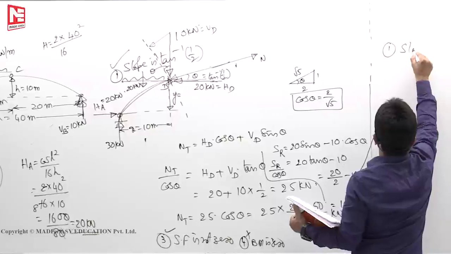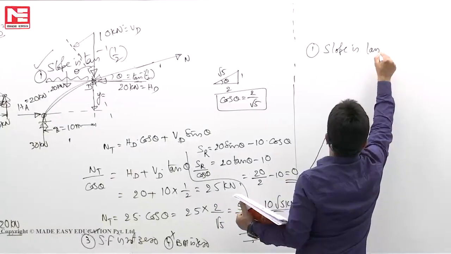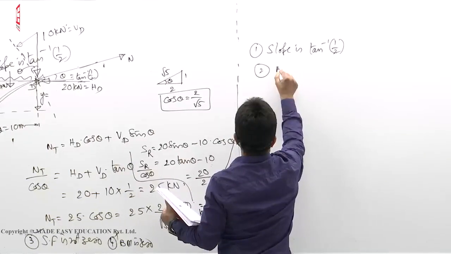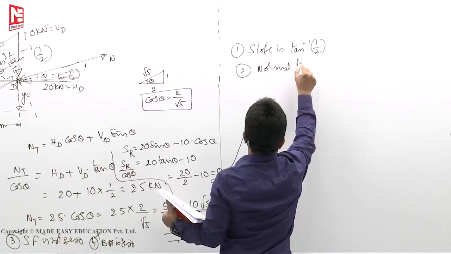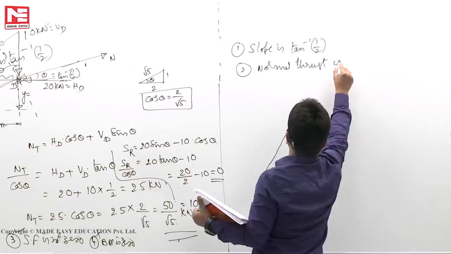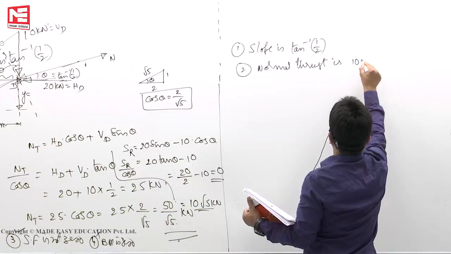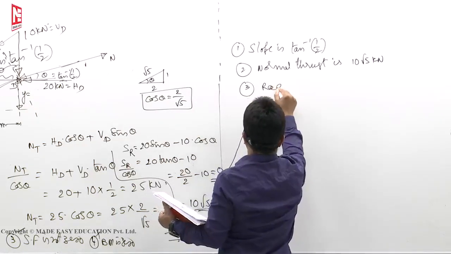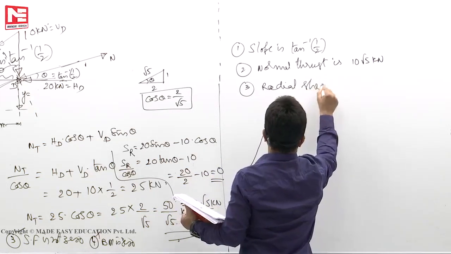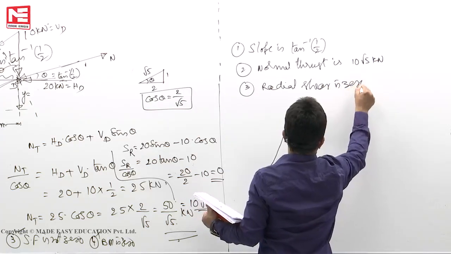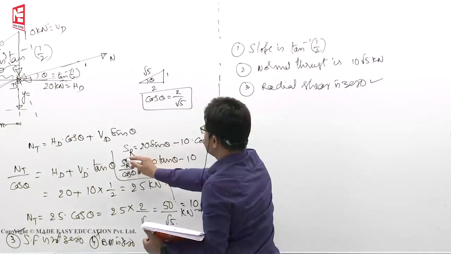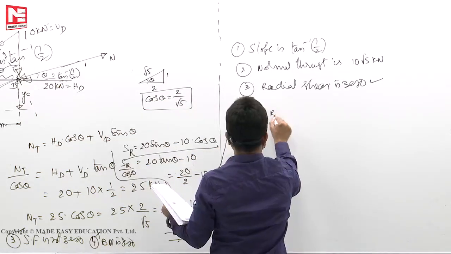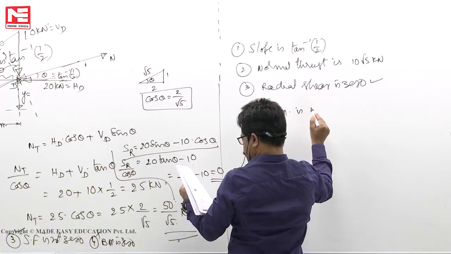Slope is tan inverse 1 by 2. Then normal thrust is 10 root 5, we are getting. Then radial shear is 0, because you are getting radial shear like this. Then the fourth one, bending moment is 0.